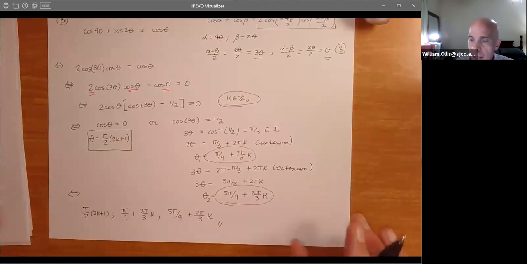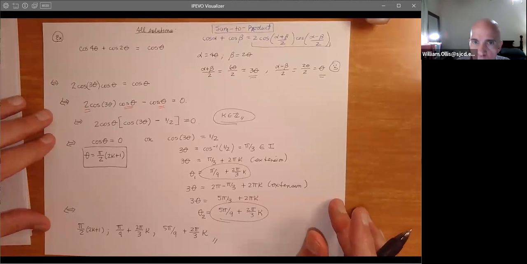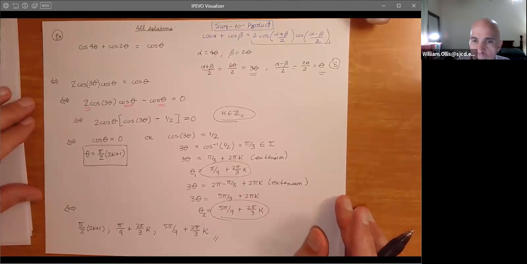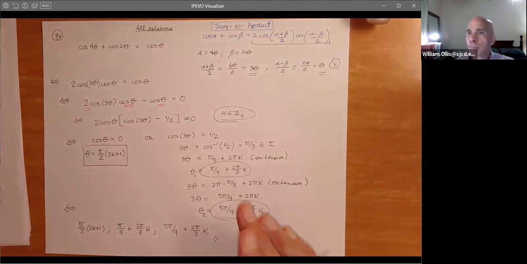So I think what you can see here is that if you have a double angle or a multiple angle with another trig function, you're probably going to look to use one of the double angle formulas for cosine, because you want to get all the trig functions to be the same.